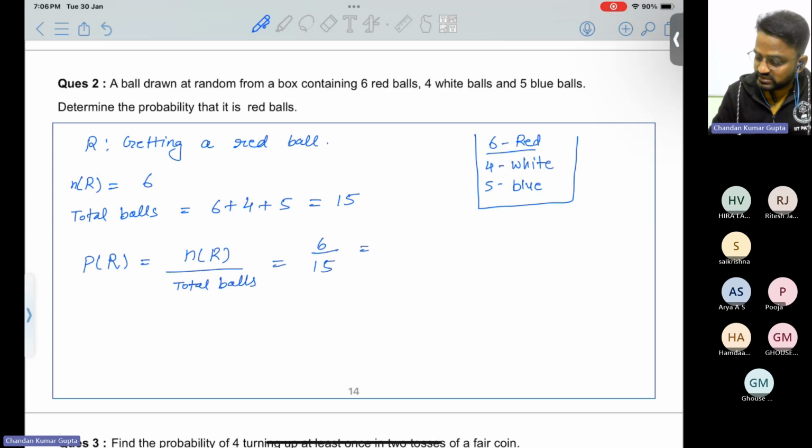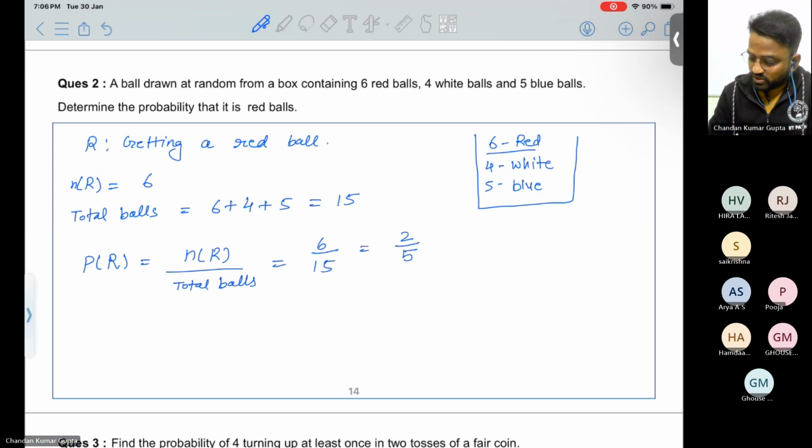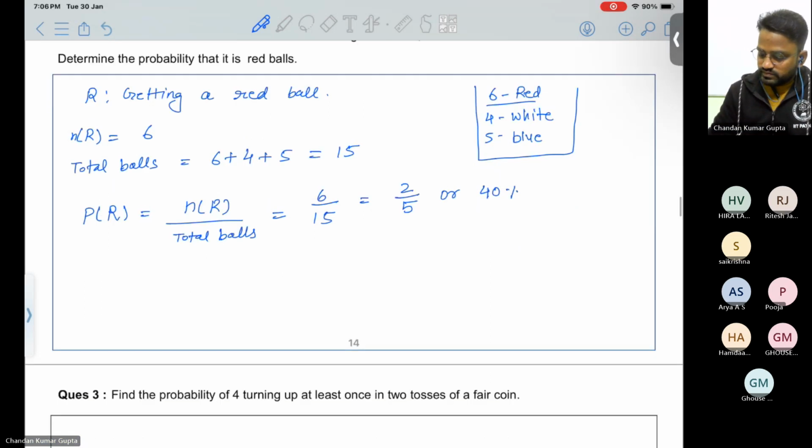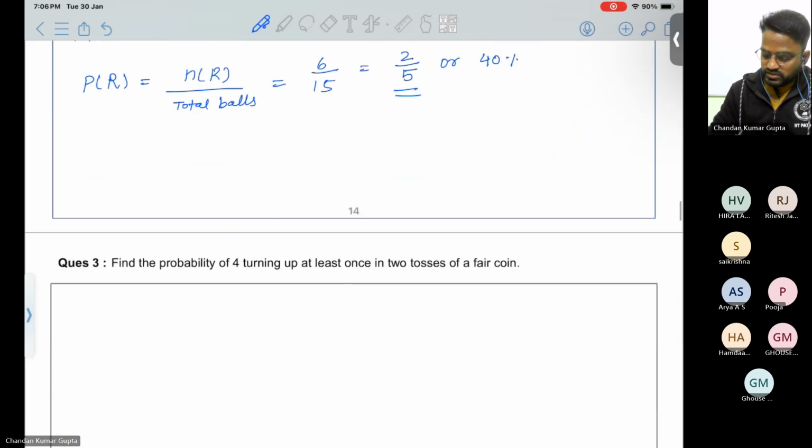We can simplify this to 2 by 5, or we can say 40% chance. Suppose we are playing a game where we need to draw a red ball. There is a 40% chance that a red ball is drawn when we randomly draw a ball. This is the answer.